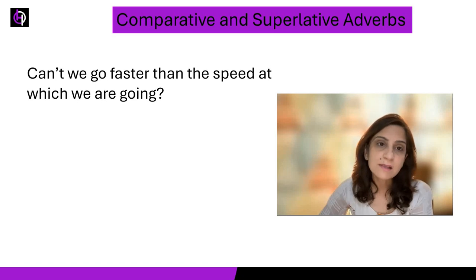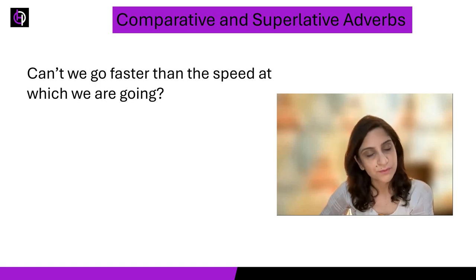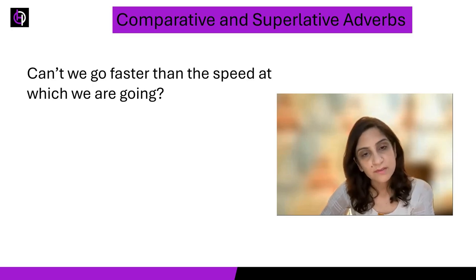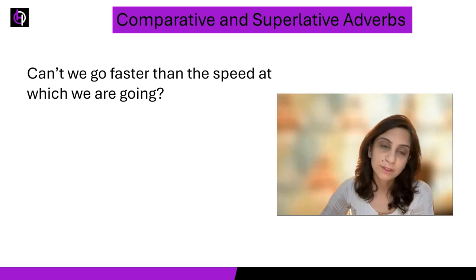There are some adjectives which are used as adverbs also. Fast in itself is an adjective. Faster is a comparative adjective, but faster or fastest can also be used as adverbs depending on where we are using it. If we are using it with the verb, this would turn into an adverb.